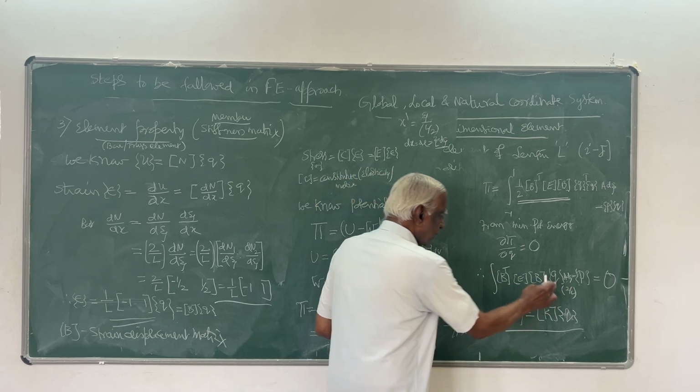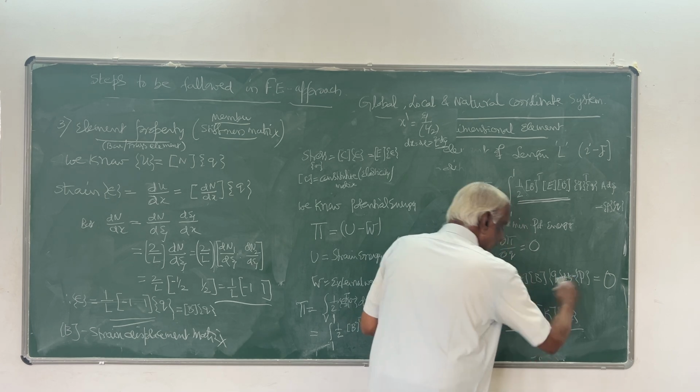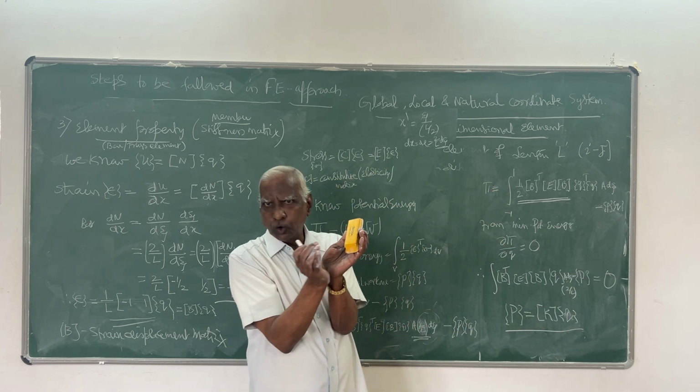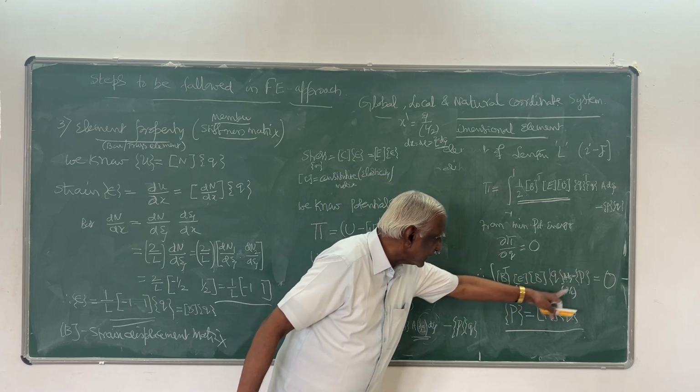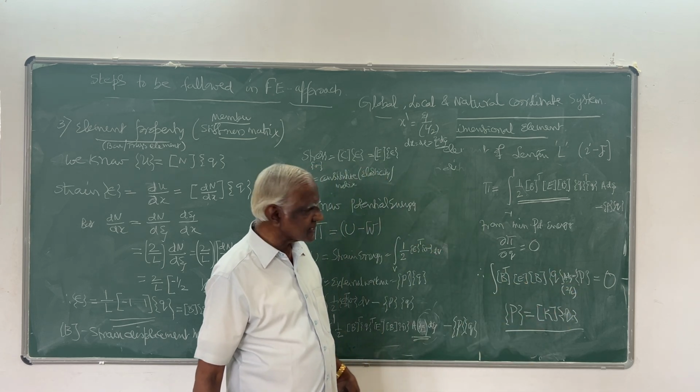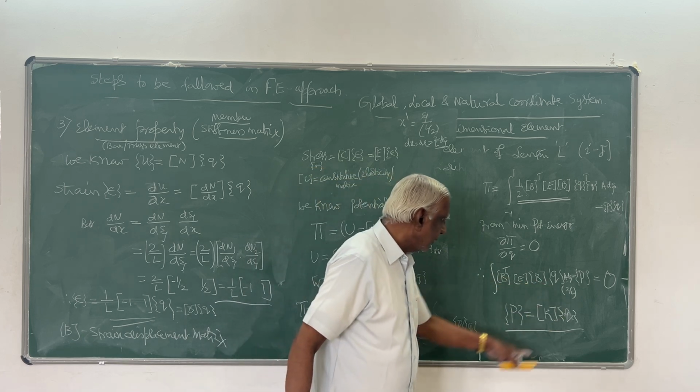This total integration A dl is nothing but volume. So you can say A into L, and that L and this L get cancelled.